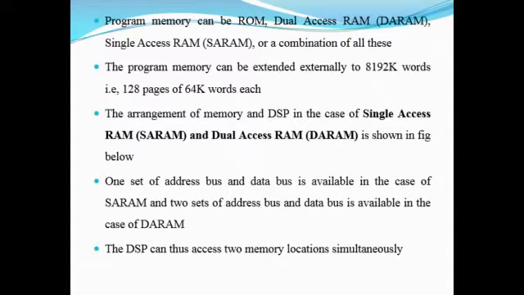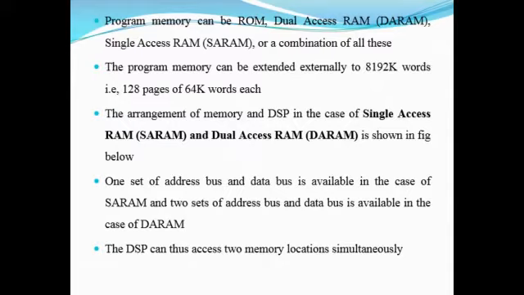So the arrangement of memory and the DSP in the case of single access RAM and dual access RAM. We look into how the memory and the DSP are interconnected or interfaced, which uses a single access RAM, that is SA RAM, and dual access RAM, which is DA RAM. One set of address bus and data bus is available in the case of SA RAM.